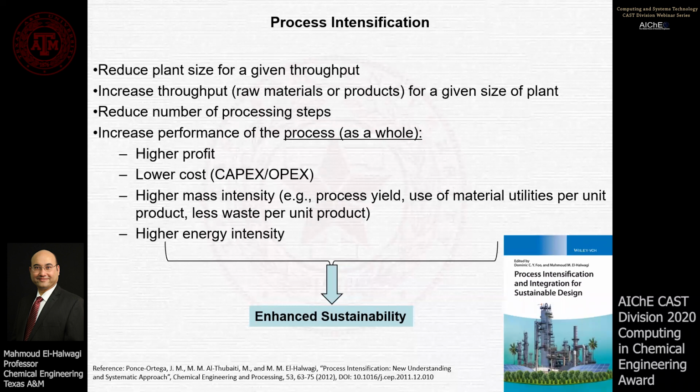And we have seen before, these objectives are really at the very heart of process integration and can be obtained through targeting techniques. And all of these will lead to enhanced sustainability.